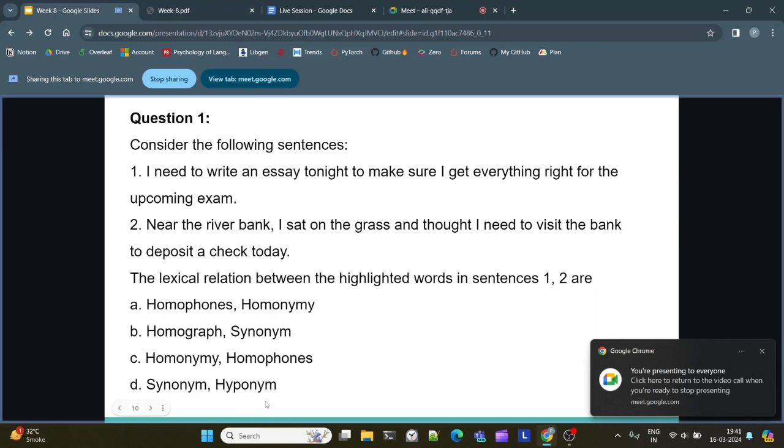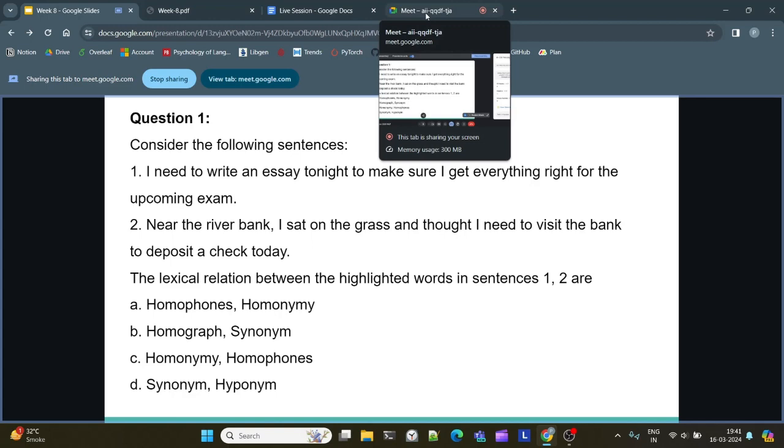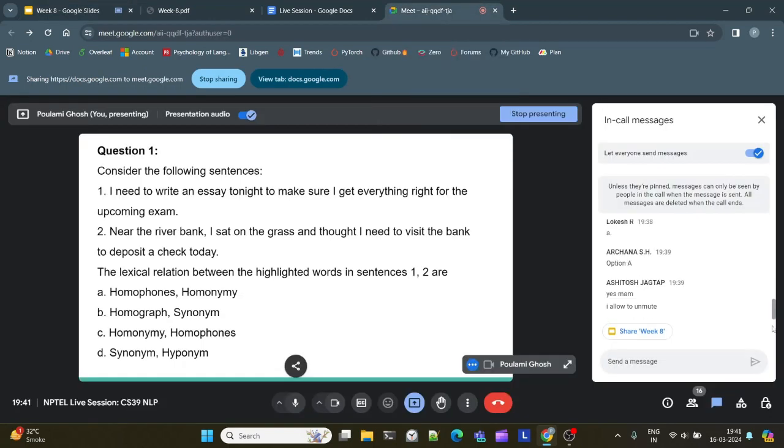Can anybody say? Where it can be categorized into subclass and class. Okay, so hyponym is the subclass or superclass. Which one?